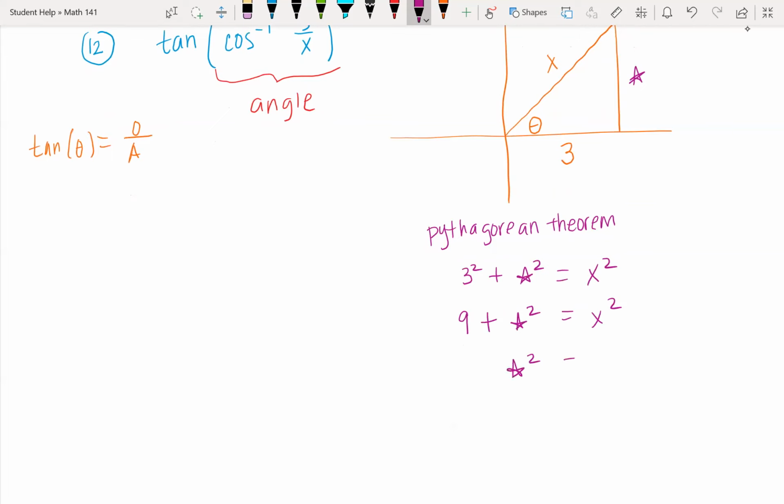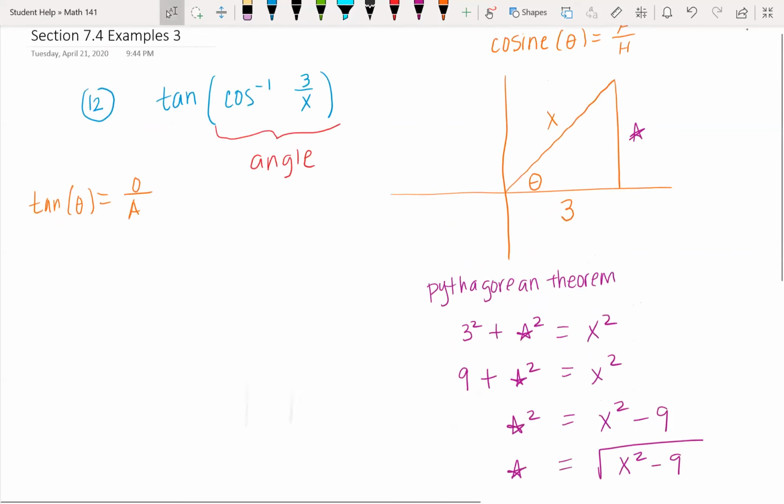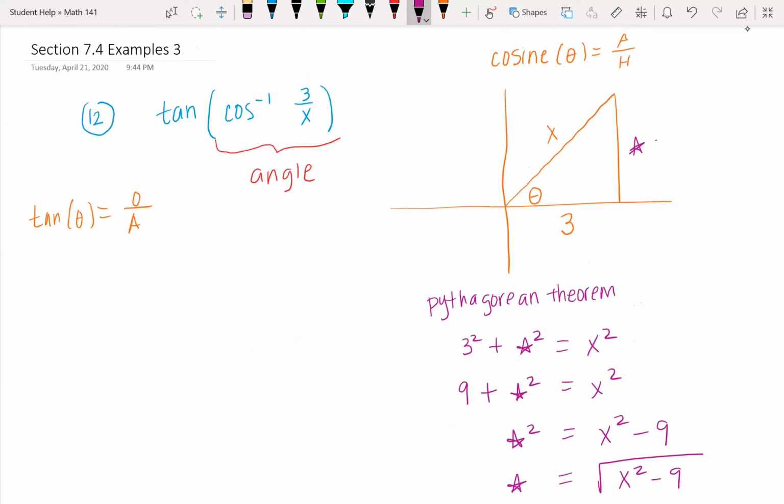Star squared is equal to x squared minus 9. And then taking the square root of both sides, we get that that opposite side is the square root of x squared minus 9.